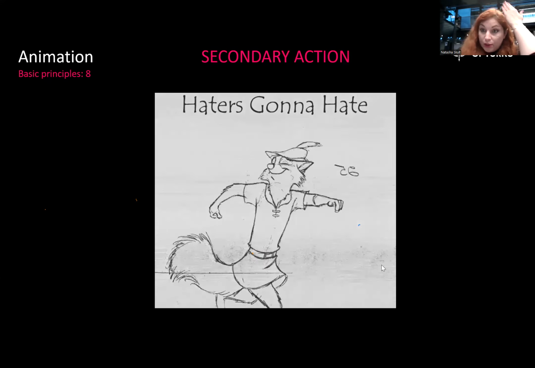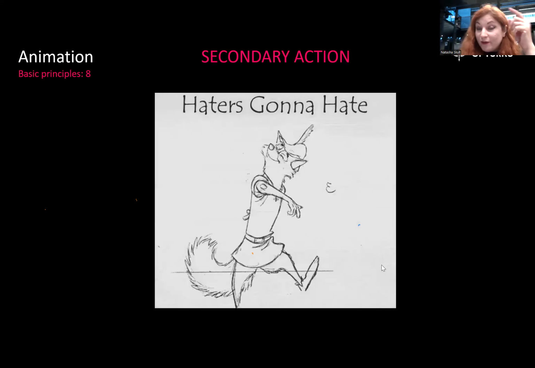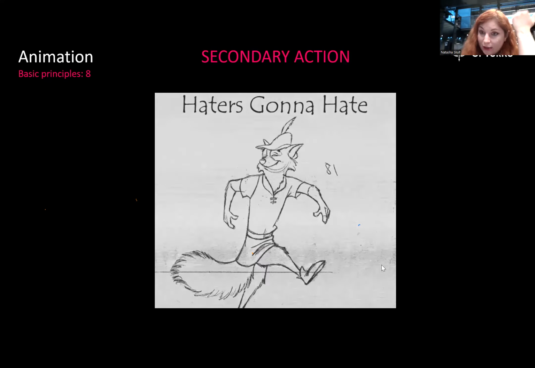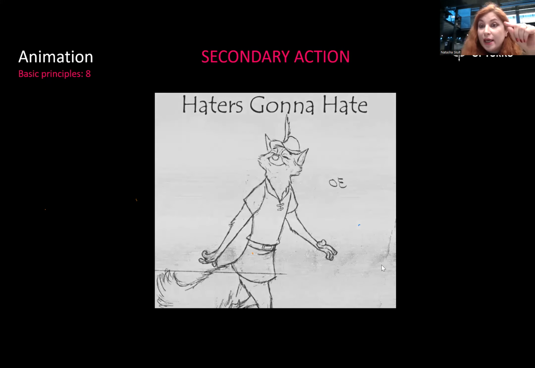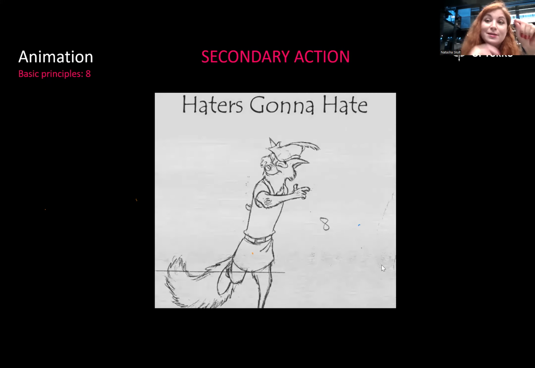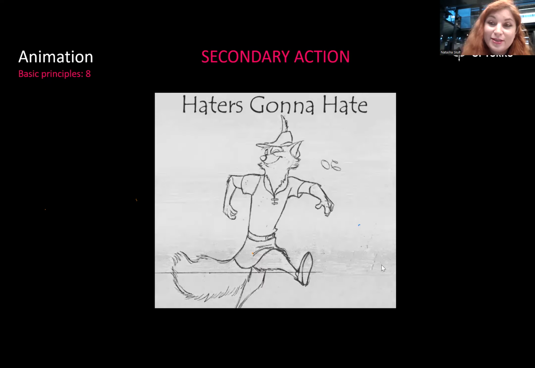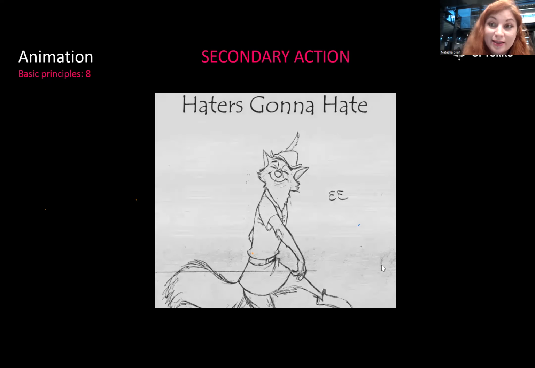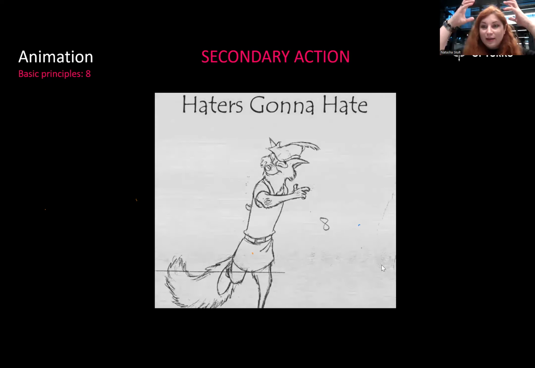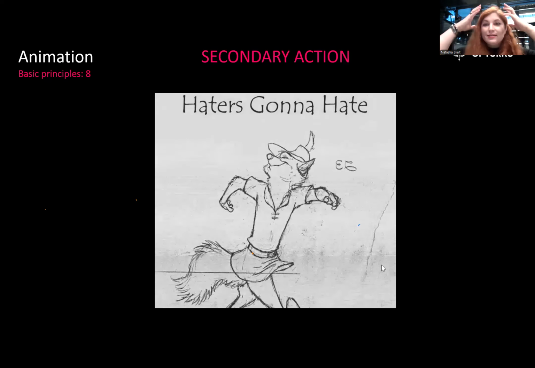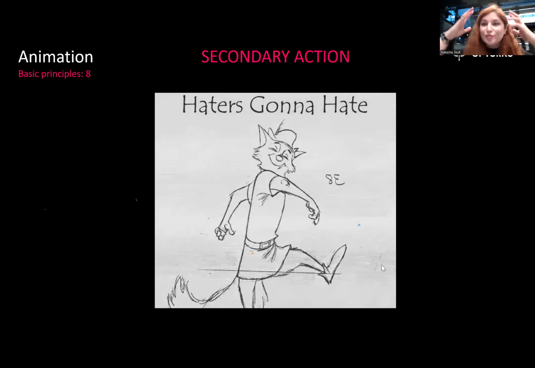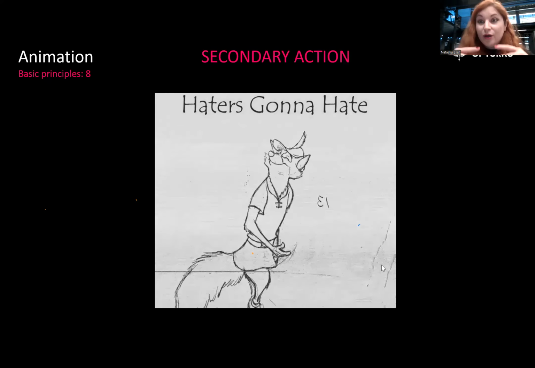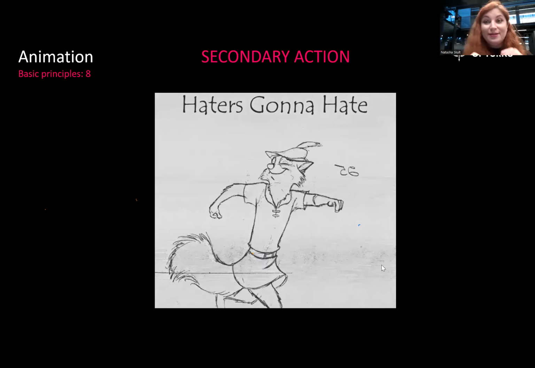And same thing goes with the feather. This feather bouncing is also following the behavior of the head, which is also this sort of overlapping activity. So we have the head that is following the bounce of the walk and of the arms.